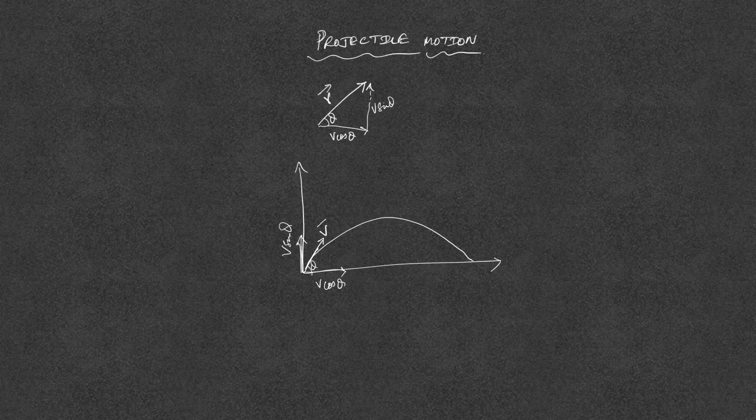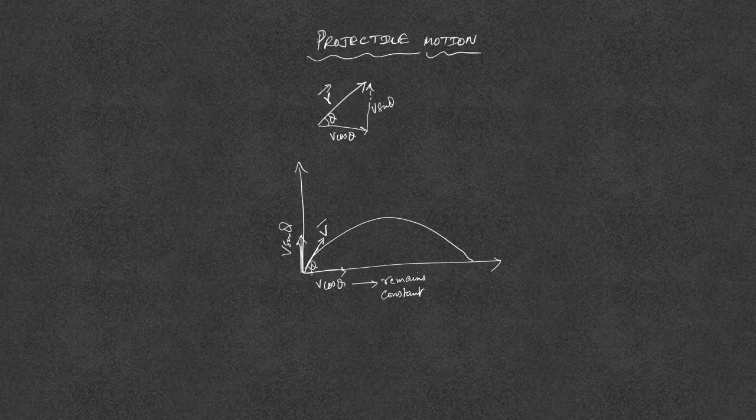Okay. So in projectile motion, what we do is that this velocity with which a particular, let's say a stone, is thrown or a projectile is thrown, we divide that into horizontal and vertical components. Okay. The horizontal component is v cos theta, and this v cos theta remains constant. Okay, does not change.